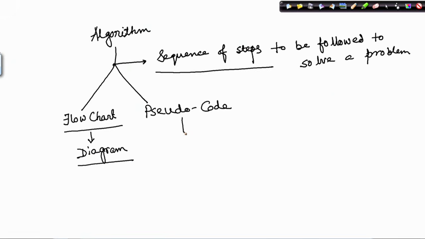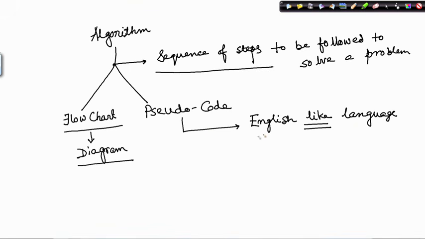And pseudocode, on the other hand, is English-like, not exactly English. We can take a lot of liberty, you will see how, when I express the sequence of steps in English-like language.